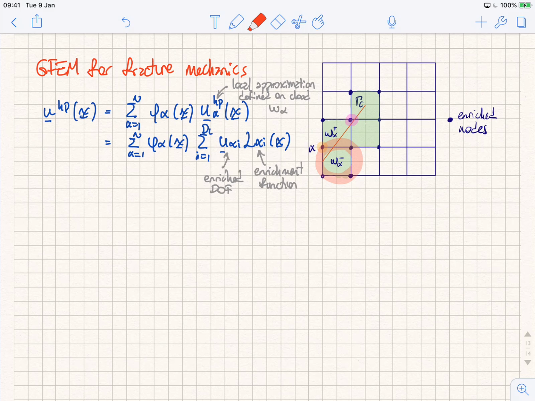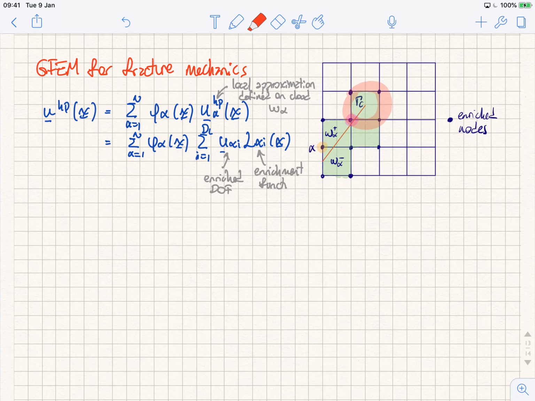If I add that Heaviside enrichment function to that element, so I'm basically enriching every node in that element that is crossed by the crack, will I be able to reproduce that jump? Yes.